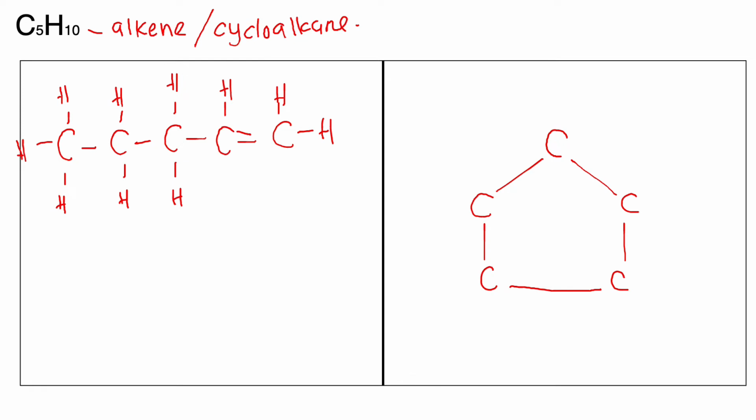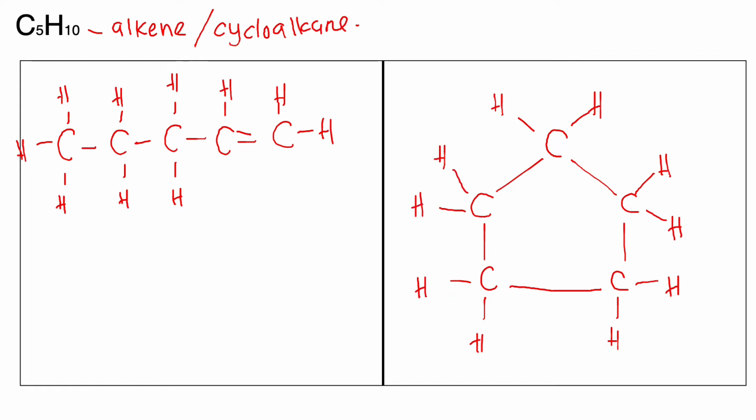So to distribute the H, 1, 2, 3, 4, 5, 6, 7, 8, 9, 10. So there you go. This is what we call functional group isomerism, where they can share the same molecular formula, but they are going to have different functional group. So let's take a look at the next example.